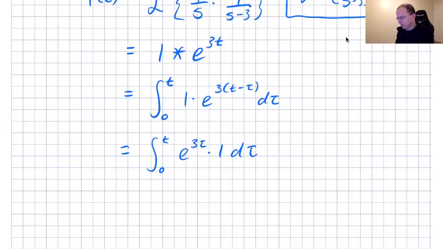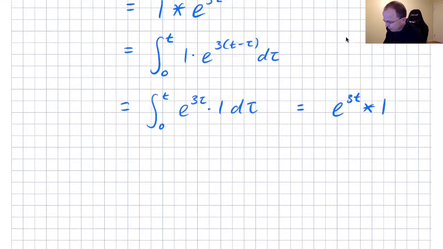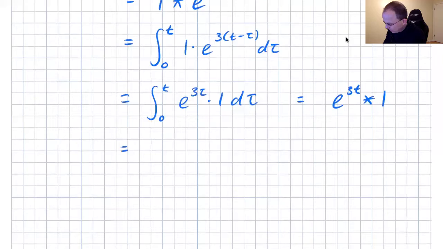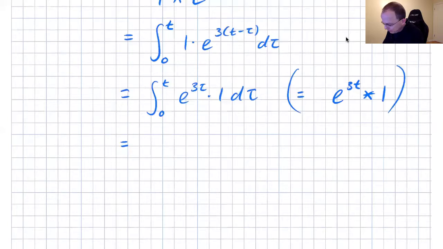It looks simpler. So let's do the second one. So you can think of this as e to the 3t convolve with 1, right? So we know those two things are equal. So I'll just put that in parentheses there, just to remind us what we're doing.